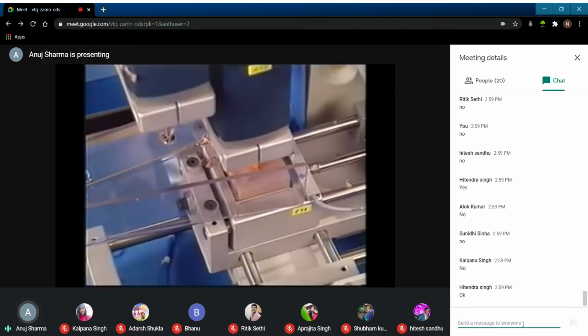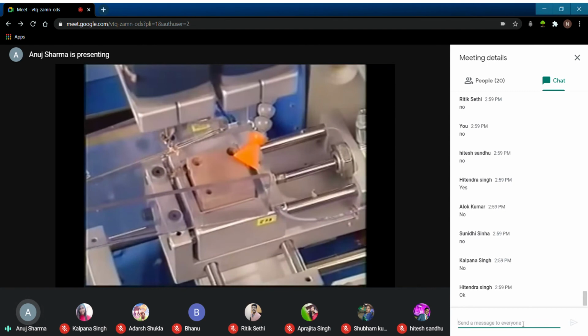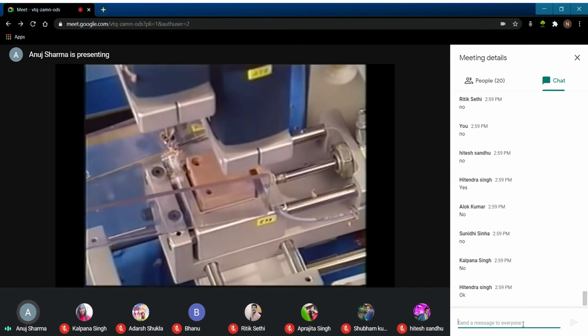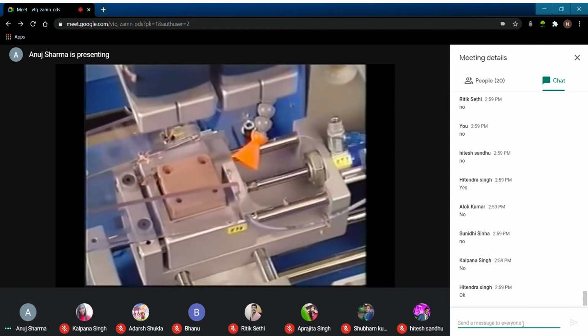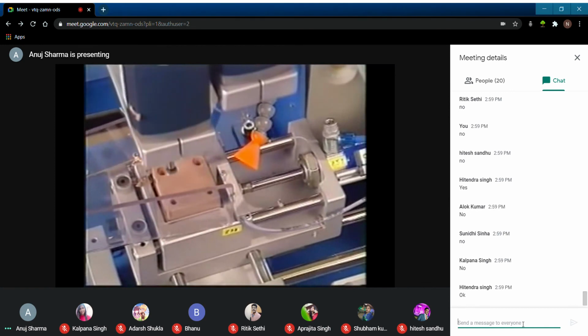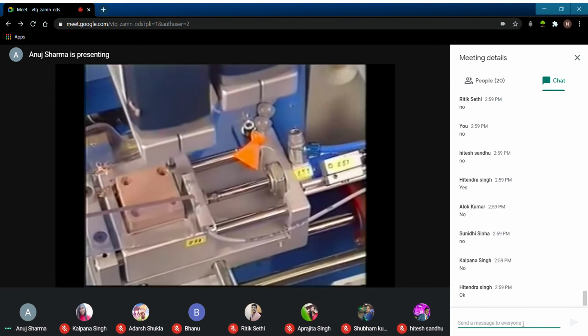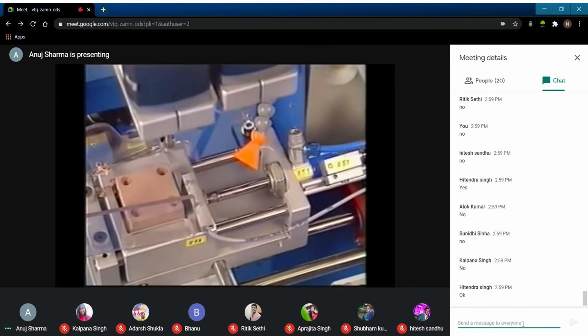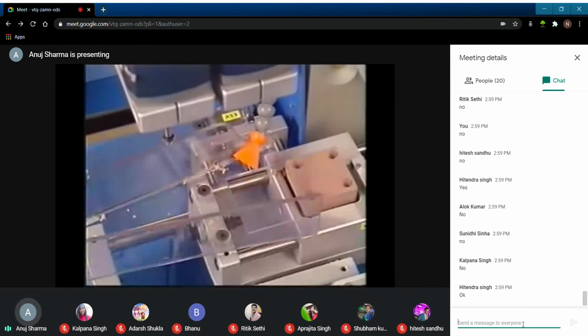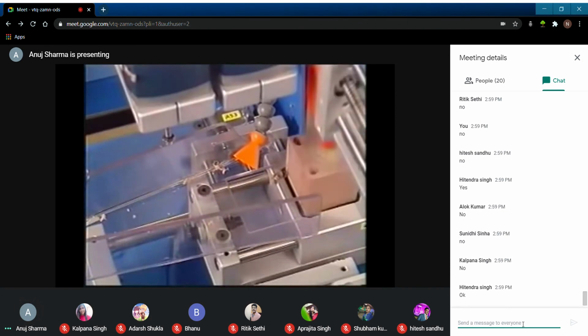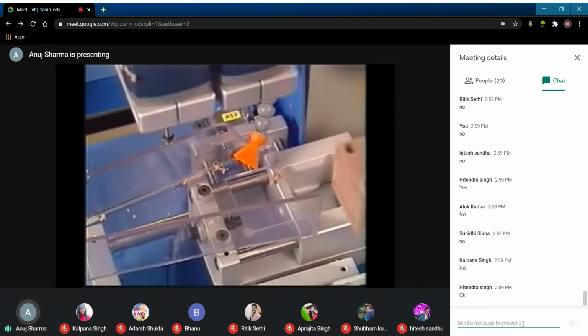For example, the four positions are used in this machine to drill and countersink two holes. In this particular example, we had two drills.